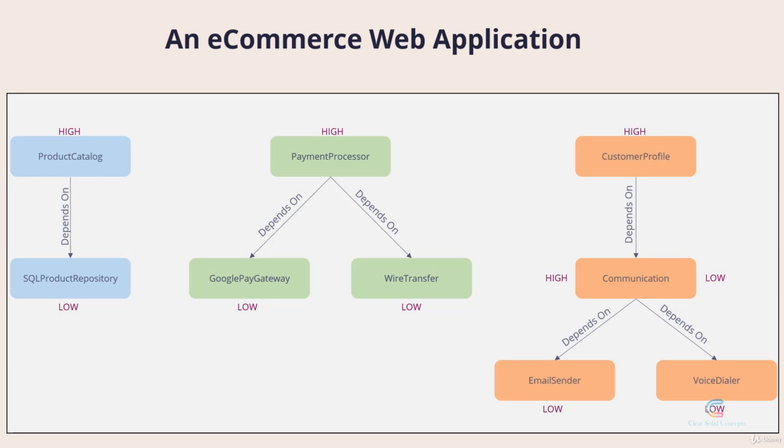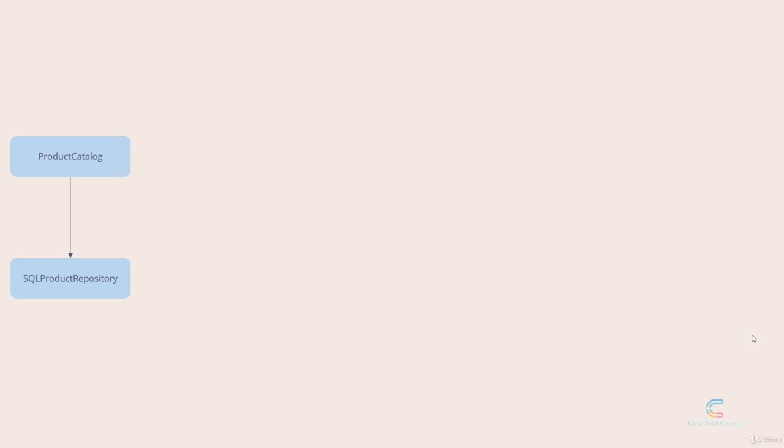So this directly conflicts with the definition. The definition says high-level modules should not depend on low-level modules. Both of them should depend on abstractions instead. Let's take this particular relationship alone and analyze it further.